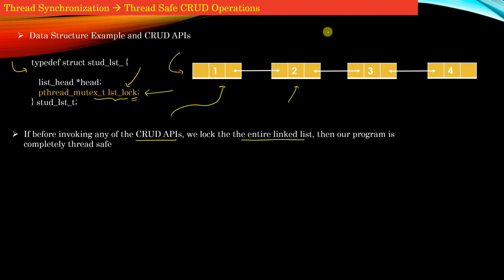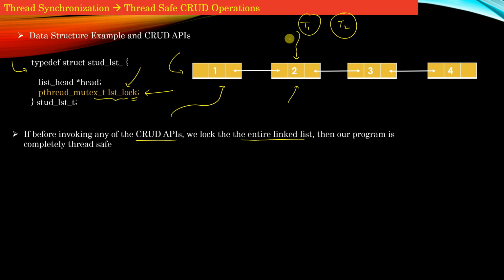If thread T1 performs an operation on this linked list after locking the mutex, then any other thread in the system which wishes to perform an operation on this linked list would be blocked, because it is thread T1 which already has that mutex. This is a very simple thing to do, and our application would be absolutely thread safe.